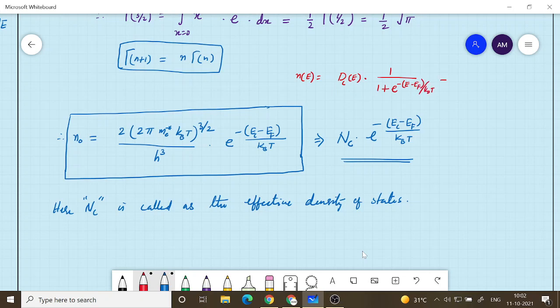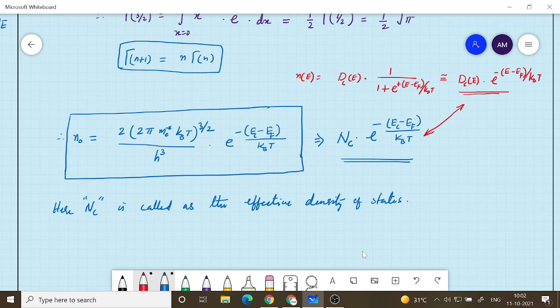Now this I said we could write like density of states into e raised to, sorry, here it is plus, so this will become minus E minus EF by kBT. So if I compare these two expressions, you can say that NC is like the effective density of states, where E is replaced with EC. Here it is E, which is varying, which is a variable, whereas EC is a fixed energy.